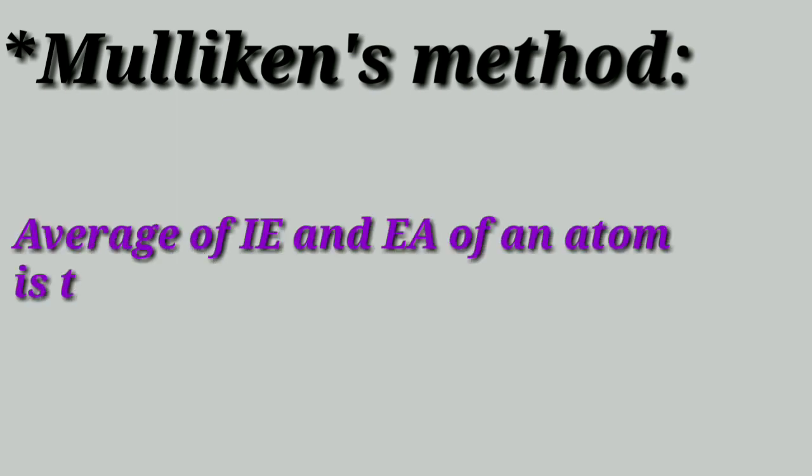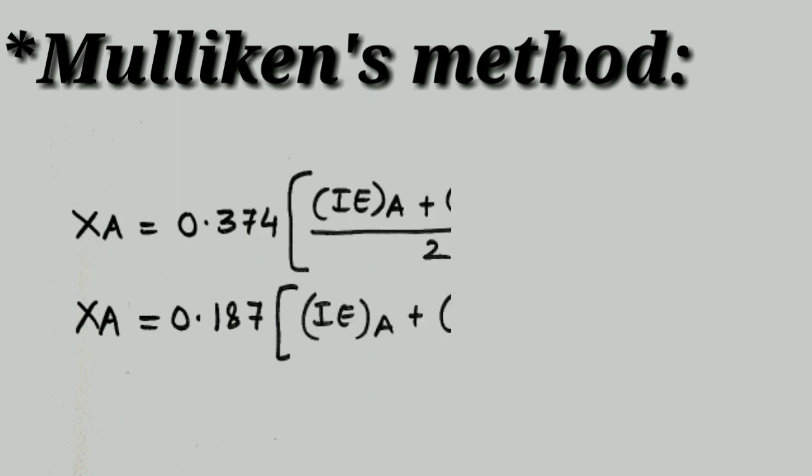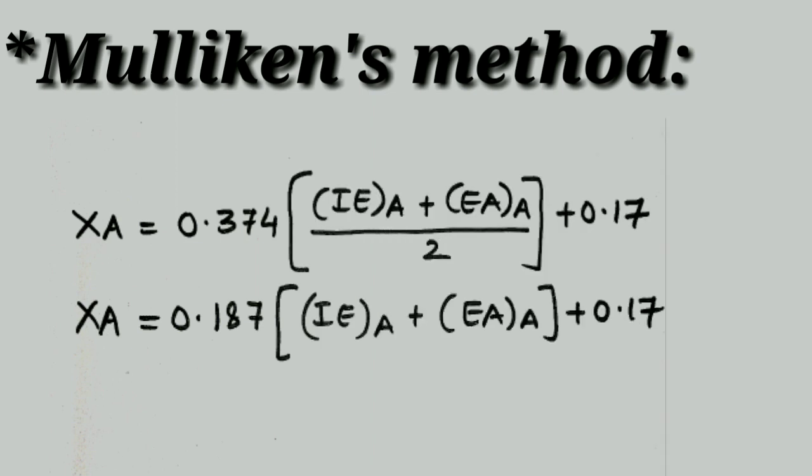Next is Mulliken's method. According to Mulliken, the average of ionization energy and electron affinity of an atom is the measure of its electronegativity. He proposed that the electronegativity of an atom can be calculated with the help of the following relation.